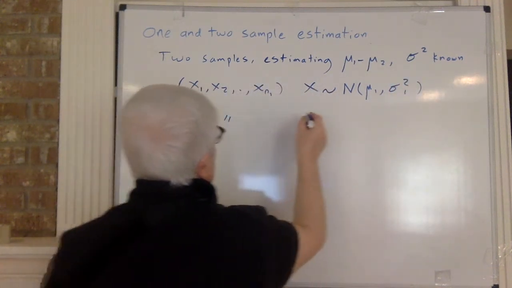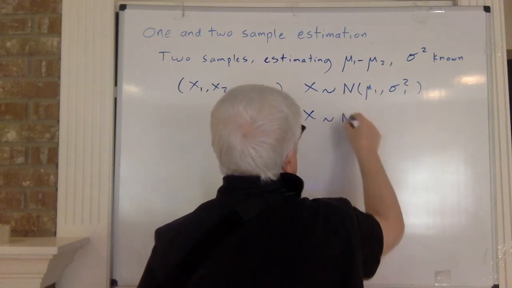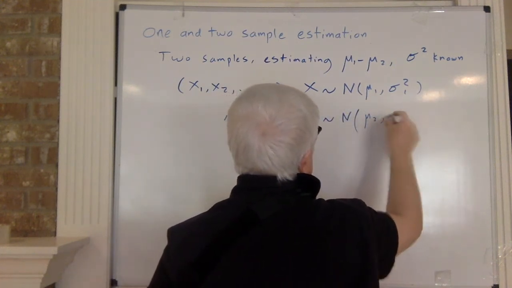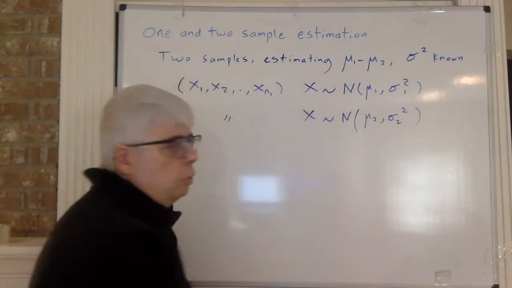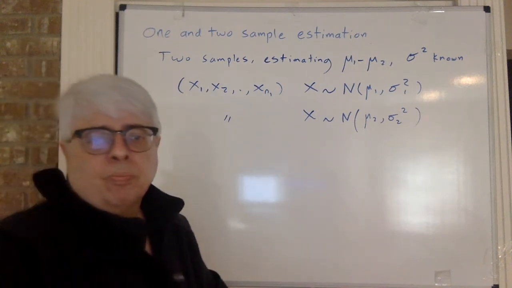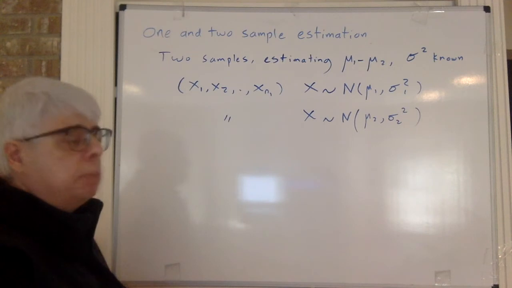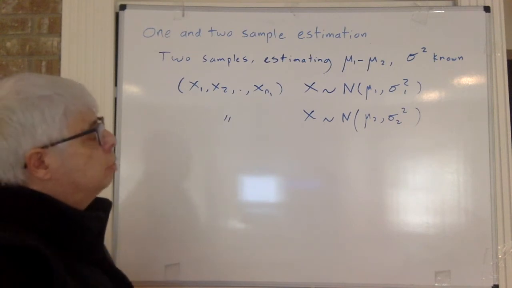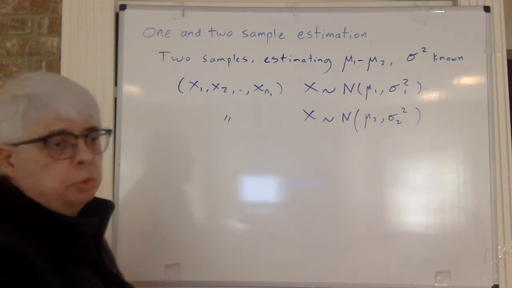And the second one is taken from an X which is normal with mu2 and sigma 2 squared. So these are two different. And what we want is finding a confidence interval for the difference between the two mu's.